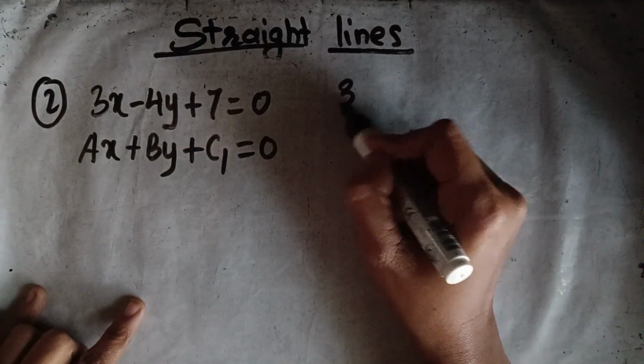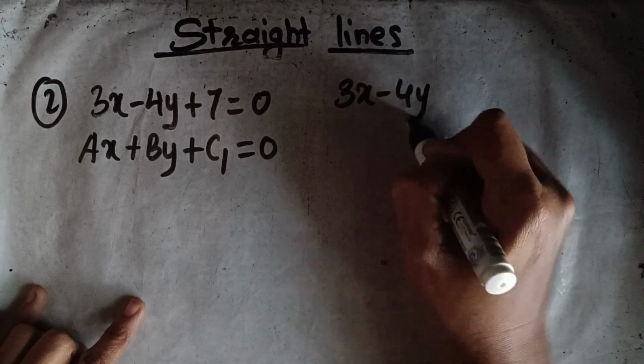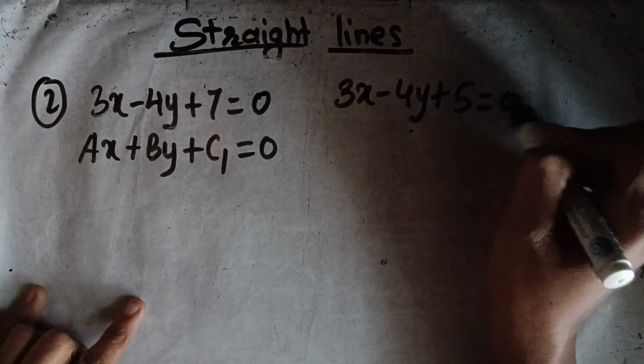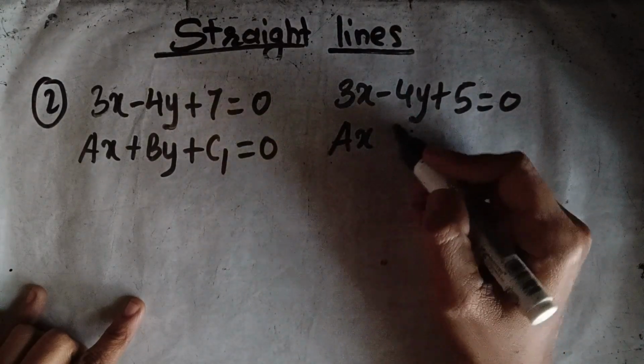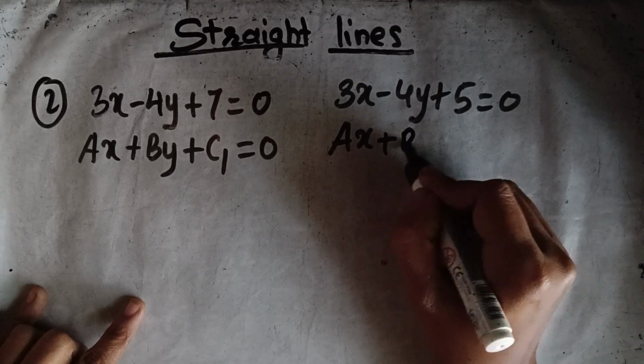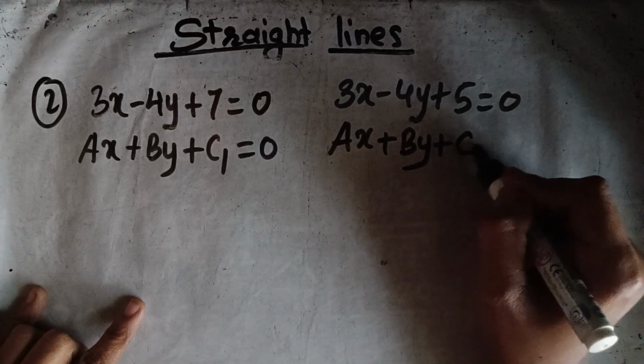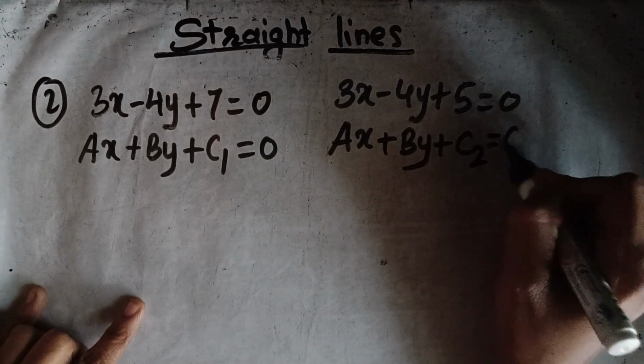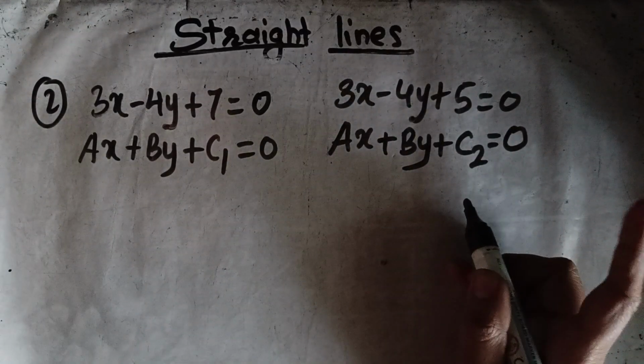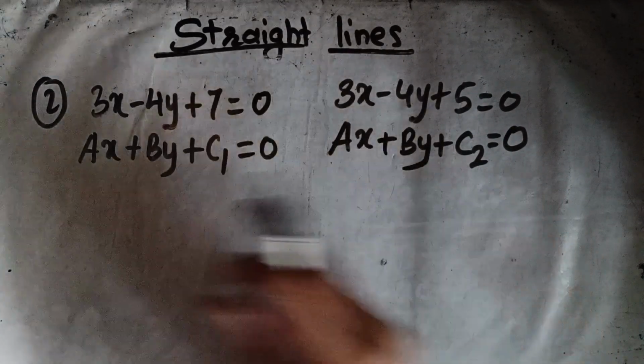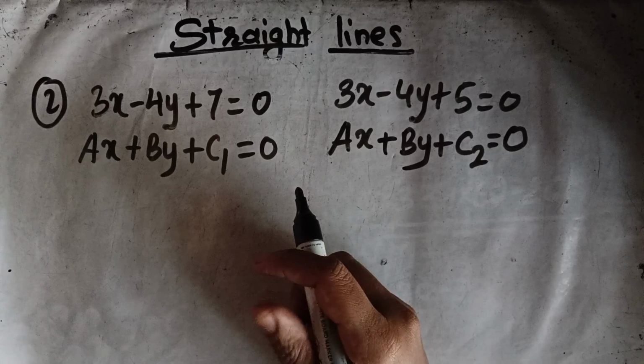The second is 3x minus 4y plus 5 equal to 0. If the equations are given and only C1 and C2 are different, and A and B are the same, then you can say that the lines are parallel, right?